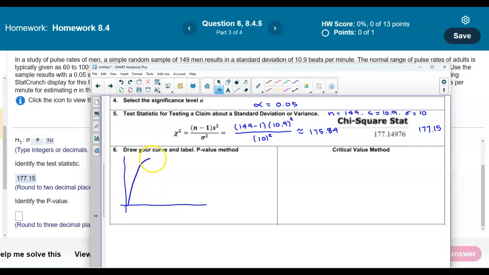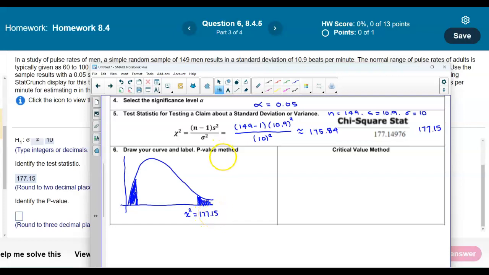And since it's a chi-square distribution, we know it's going to be a right tail. And we know from our alternative hypothesis that this represents a two-tailed test. And then we have the chi-square value, or the test statistic, of 177.15.